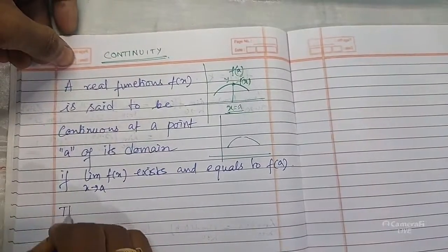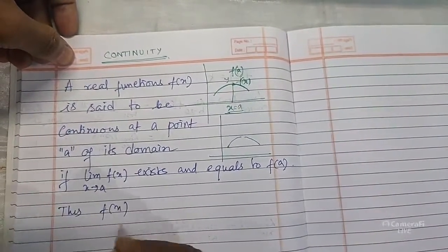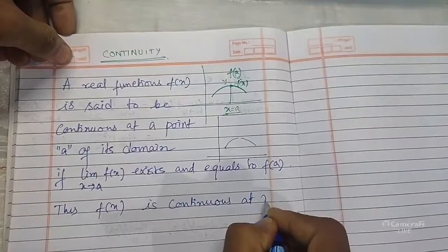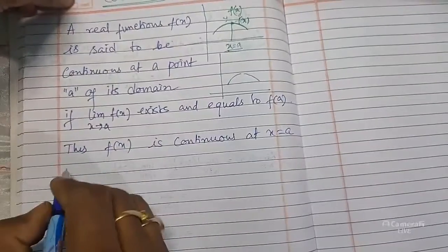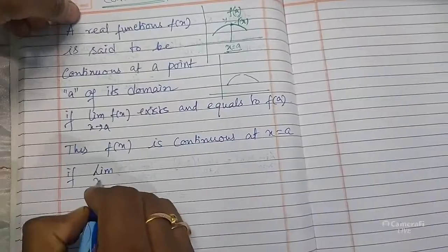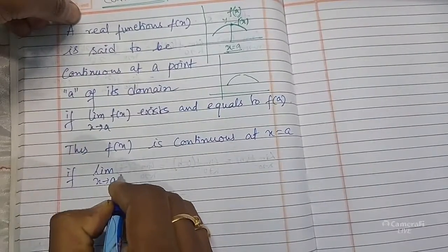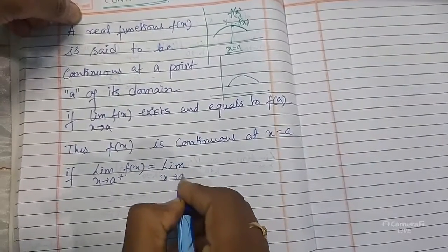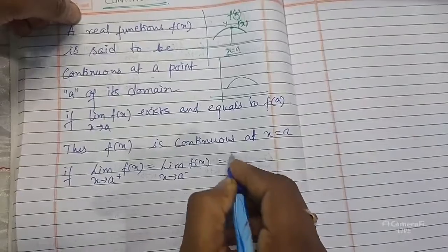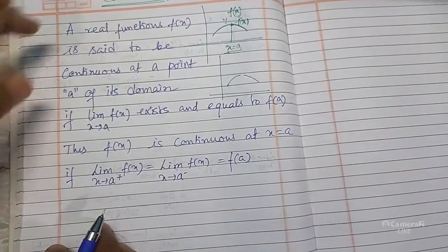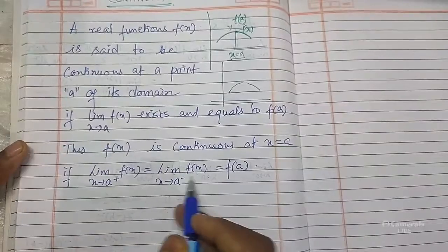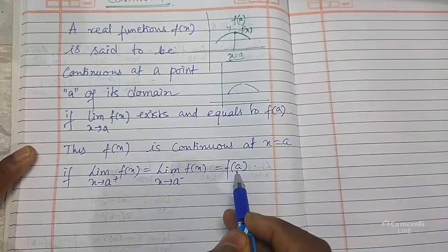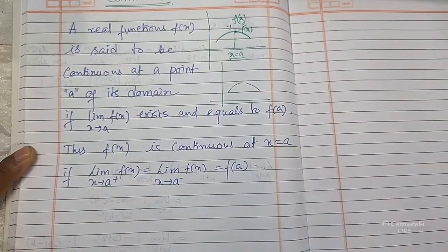That means f(x) is continuous at x equals a if the limit as x tends to a plus of f(x) equals the limit as x tends to a minus of f(x) equals f(a). If all these values are equal, then only we can say that the function f(x) is continuous at x equals a.